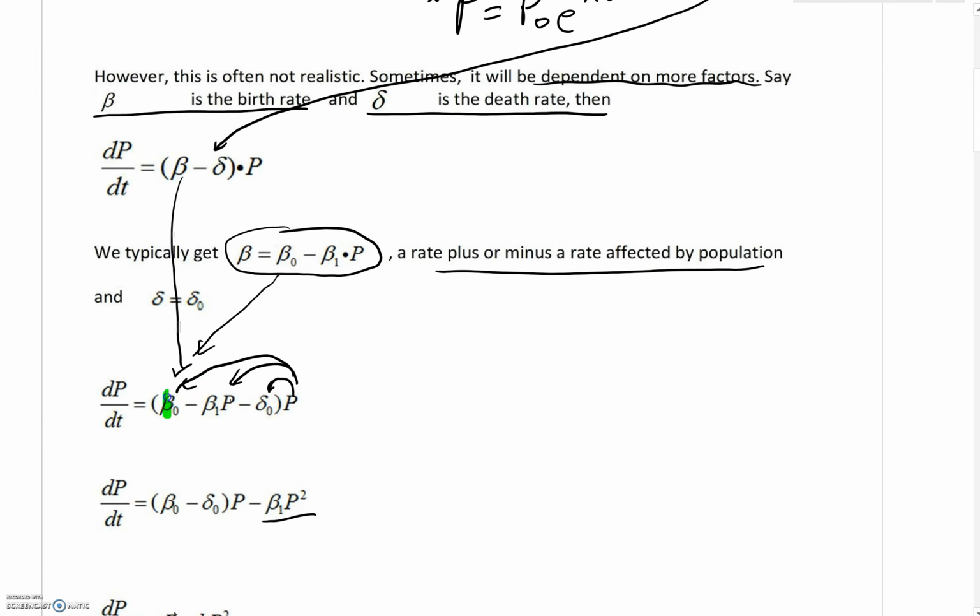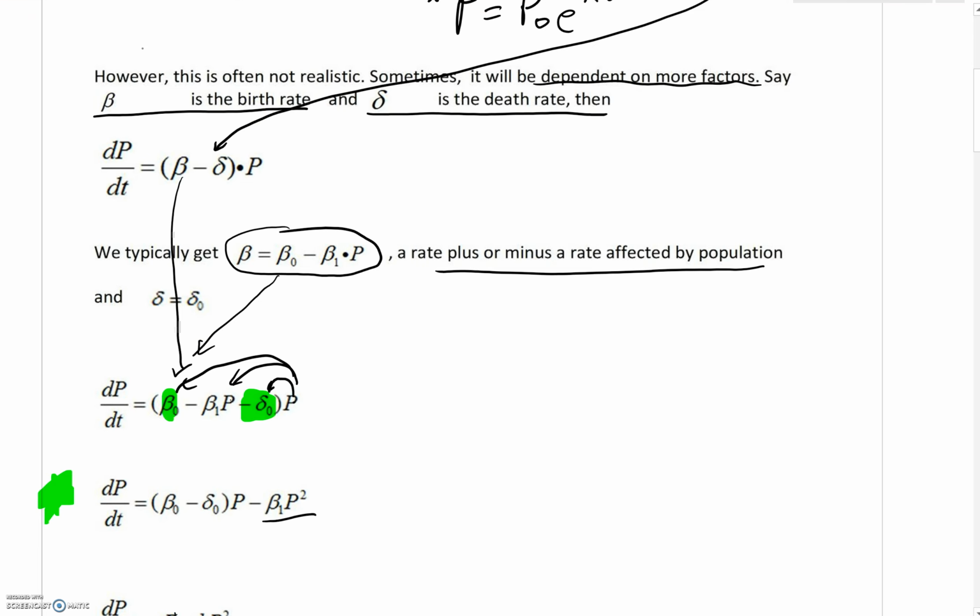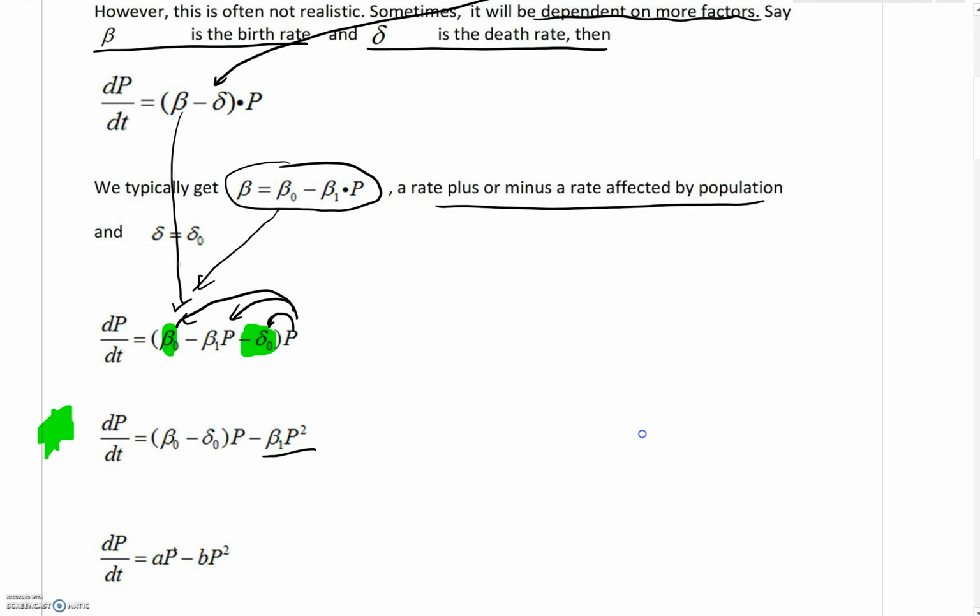You could say, look at this, beta naught minus delta naught. That's going to each get multiplied by P, or you could just leave it factored out in this regard. That's what we have right here. So this is another way to look at how your population is really changing with respect to time.